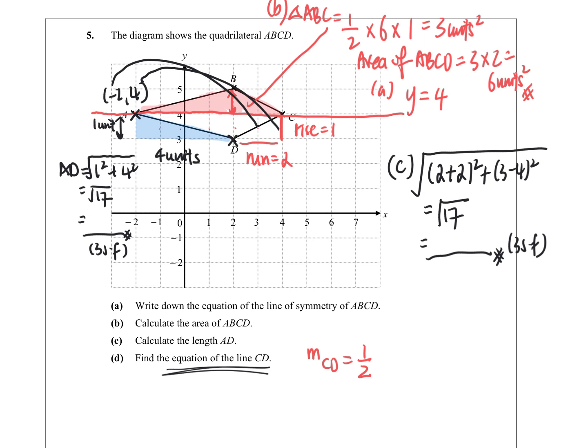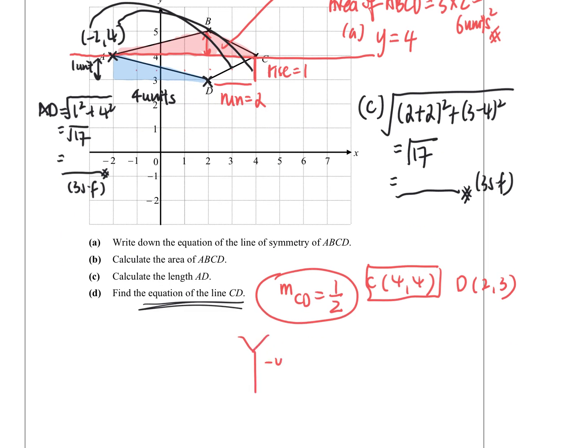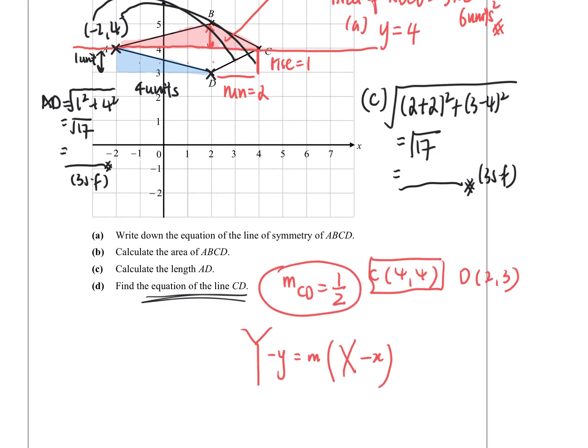And then you just use one of the points that you favor, either C, which is 4, 4, or D, which is 2, 3. So you choose one. Just use the formula that I told you just now: big Y minus small y, big X minus small x.